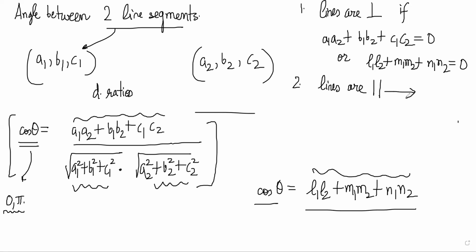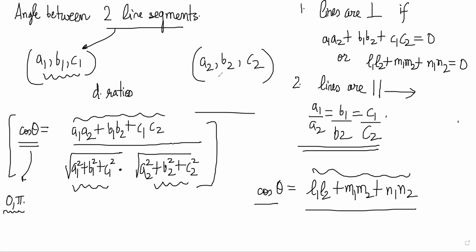So what will we get then? We'll get 1 is equal to this. So you can simplify this and prove that lines are parallel. The condition will be a1 by a2 is equal to b1 by b2 is equal to c1 by c2.